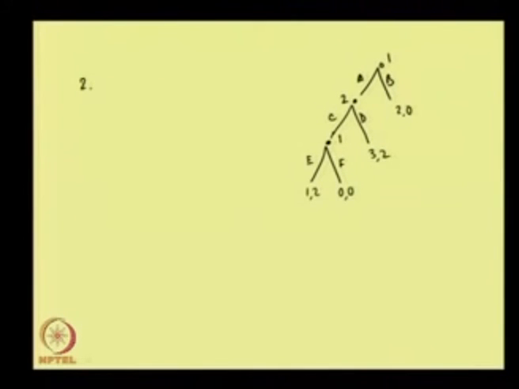This was the game, and we have seen that Nash equilibria in this game are 4.